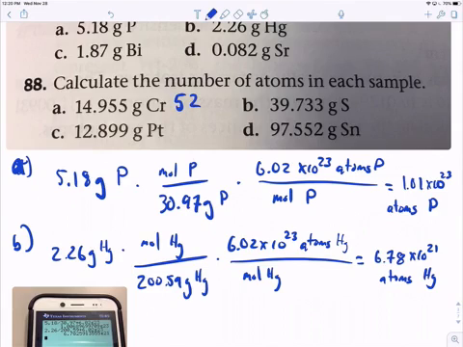And sulfur is 32.06. All right. Try it out.